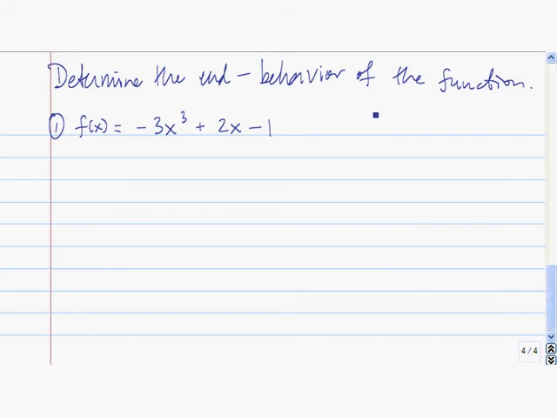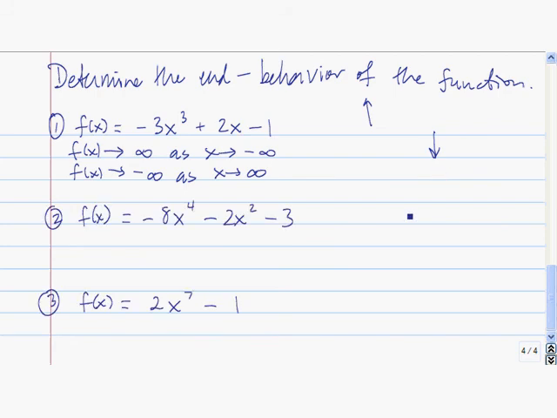Okay, so odd degree and negative leading coefficient, the end behavior is going to look like this. Or more formally, f of x tends to infinity as x tends to negative infinity, and that's illustrated by this piece. And f of x tends to negative infinity as x tends to infinity. That's illustrated by this piece here.